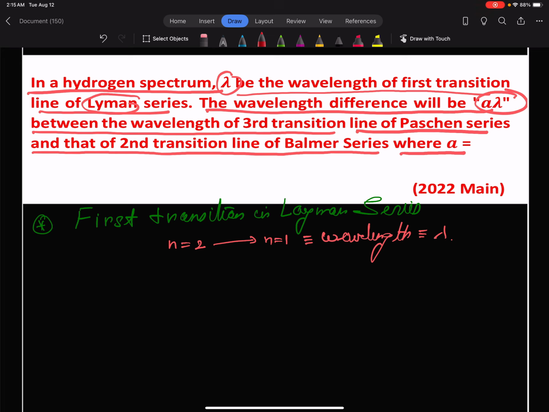And it says that the wavelength difference between the Paschen series and the Balmer series is said to be A lambda.